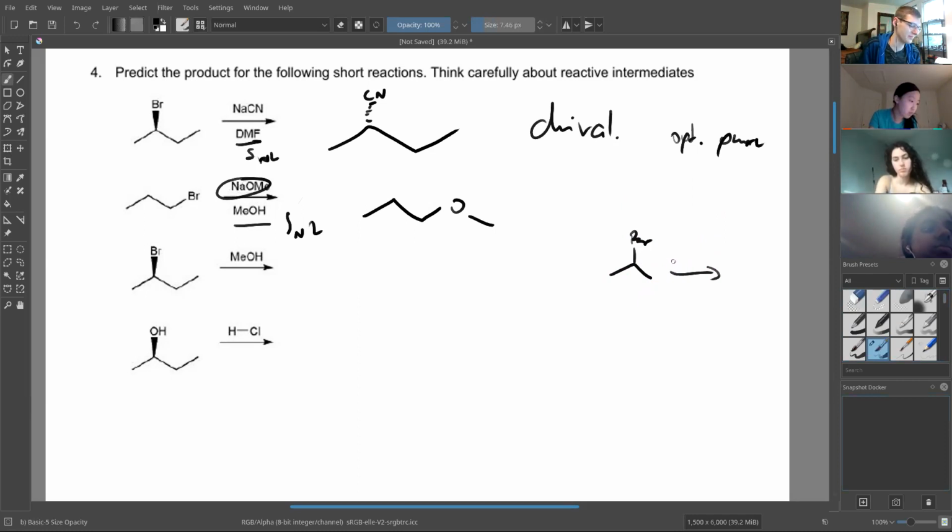Ammonia, or NH3. Yeah, this will probably get ugly. You can make arguments for either SN1 or SN2. Hopefully nobody ever gives this to you and you never have to think about it.